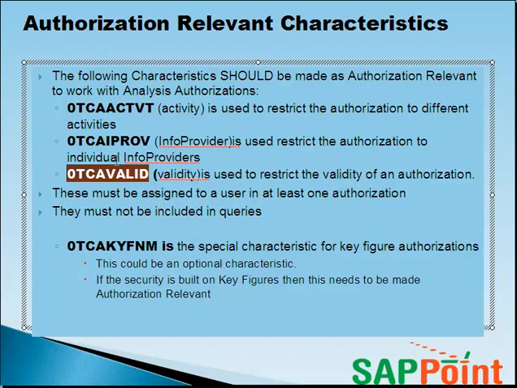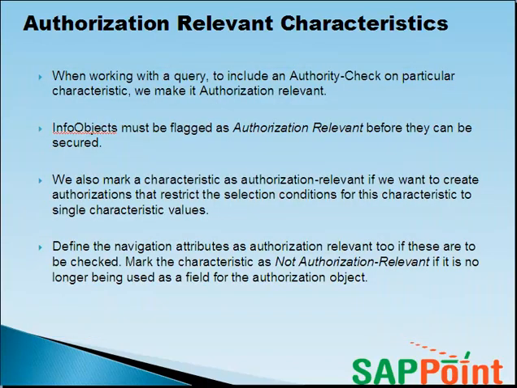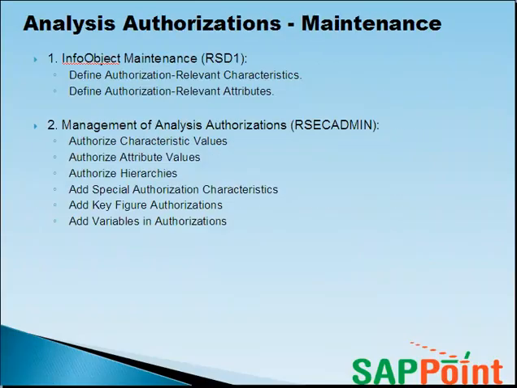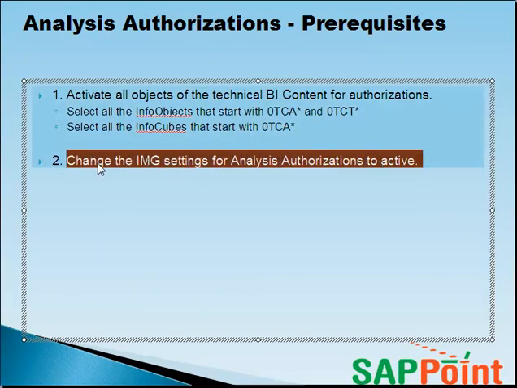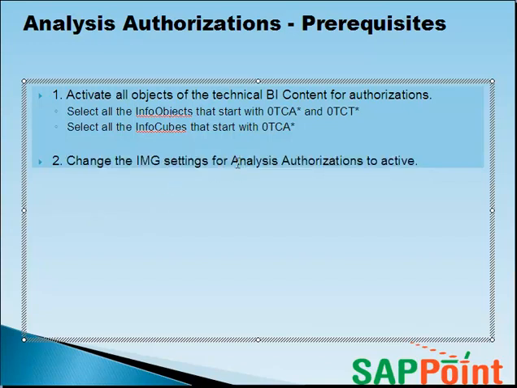We have to make these three characteristics authorization relevant in order to work with analysis authorizations. And we also saw that one of the prerequisites is to ensure that the setting in the IMG is made active to use the analysis authorization concept.